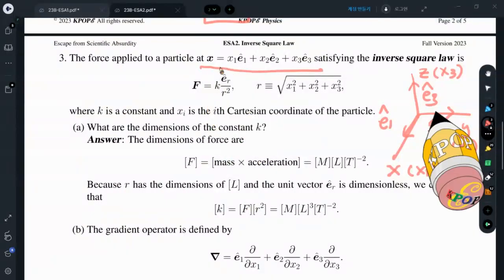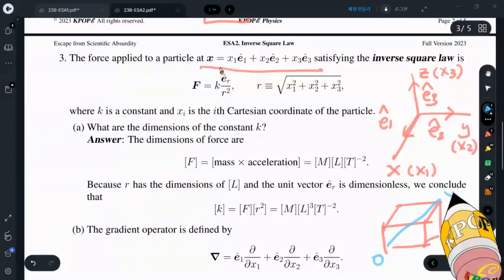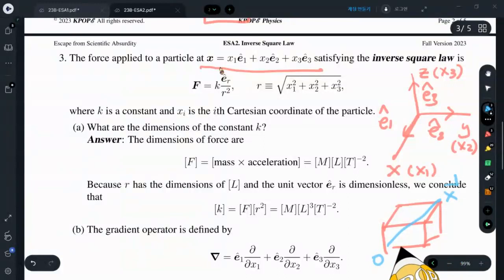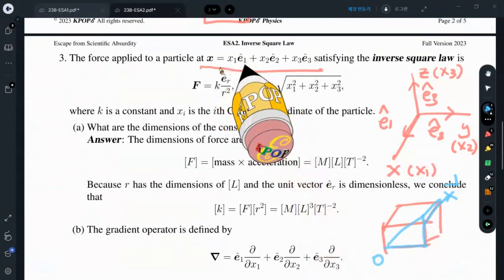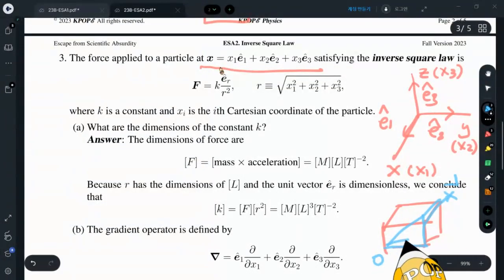All right. Now, using Pythagoras' theorem twice, the distance between these two points, the origin and point x, is this. You can apply the Pythagoras theorem twice, then you will find this projection. For example, this is x1 and x2.